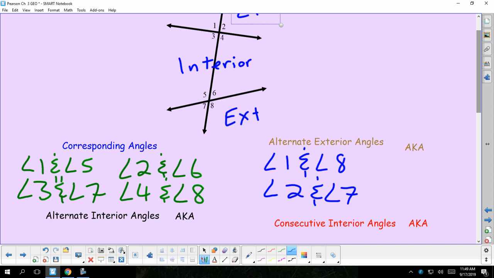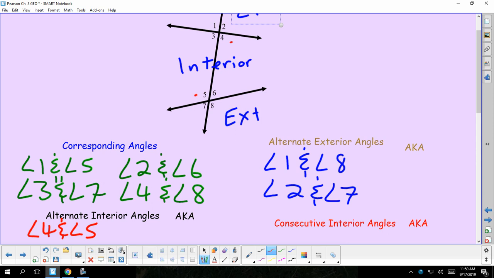All right. So with your knowledge of alternate exterior angles, can you figure out what alternate interior angles are? So hopefully we're comfortable with angle 4 and angle 5.